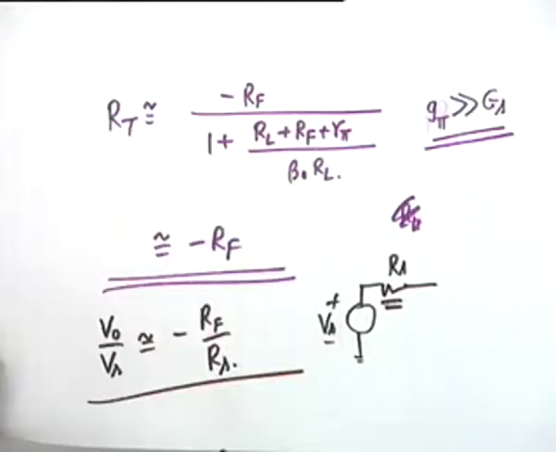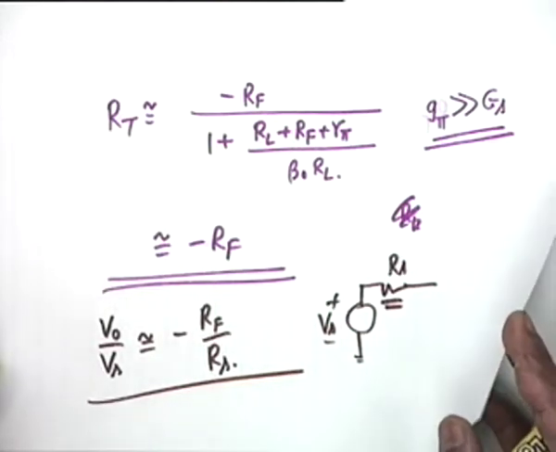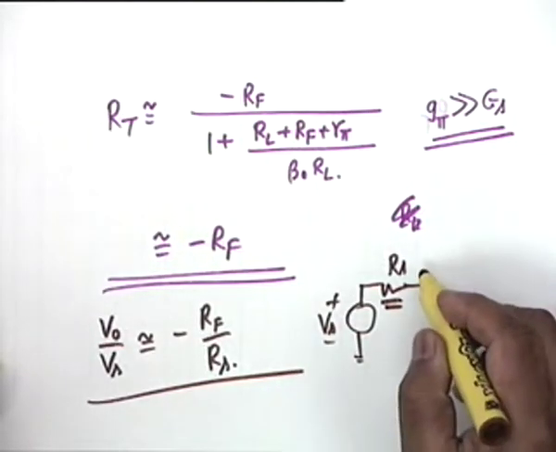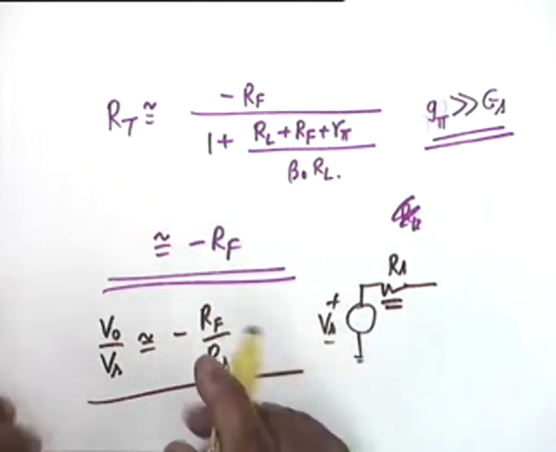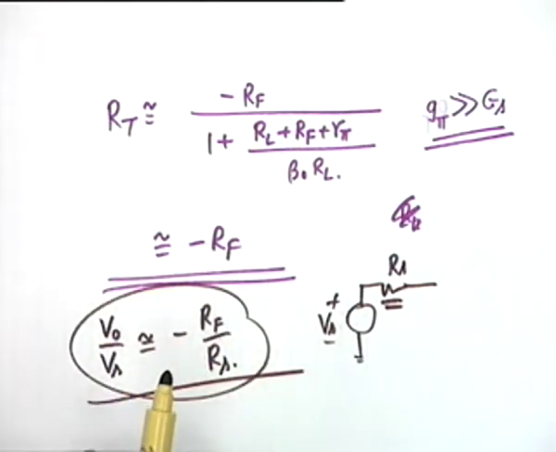I wanted to bring out this similarity, that a transistor does behave under ideal conditions like an op amp. RT equal to minus RF won't be valid in this case because GS would be large. What I require is Rs much greater than R pi. If that is satisfied, then this will be satisfied. It's approximate anyway. I just wanted to bring out the similarity.